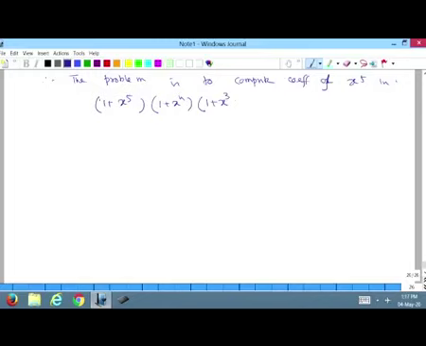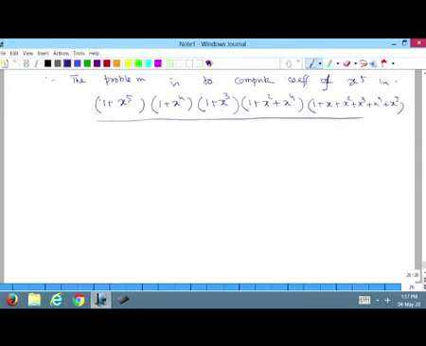We are not going any further because the next term is x to the power 6, then 1 plus x square plus x to the power 4, and this multiplied by 1 plus x square plus x cube plus x to the power 4 plus x to the power 5. I need not go anything beyond that, and we need to find the coefficient of x to the power 5.